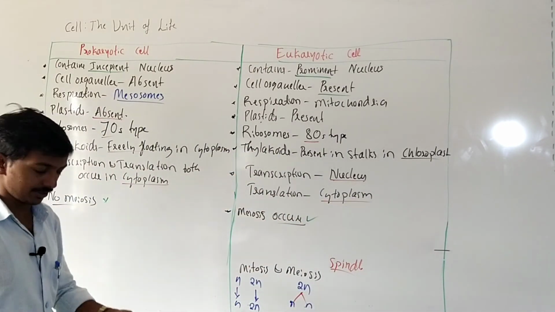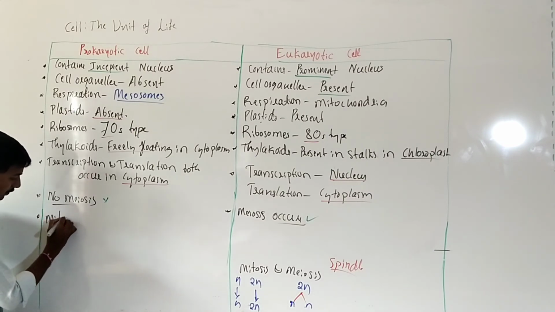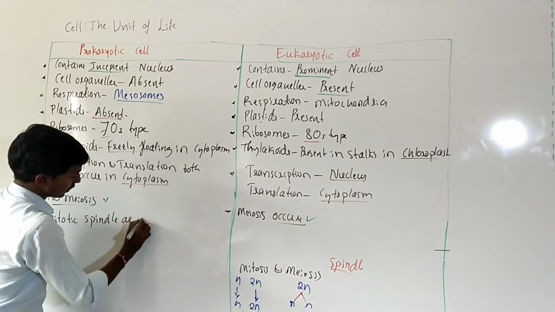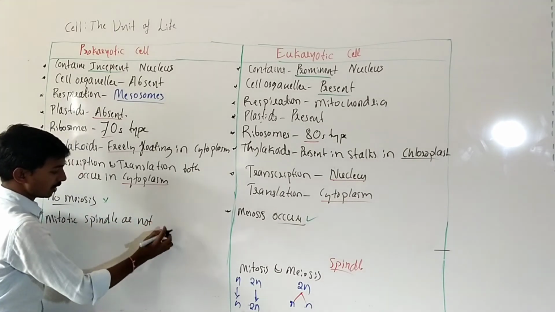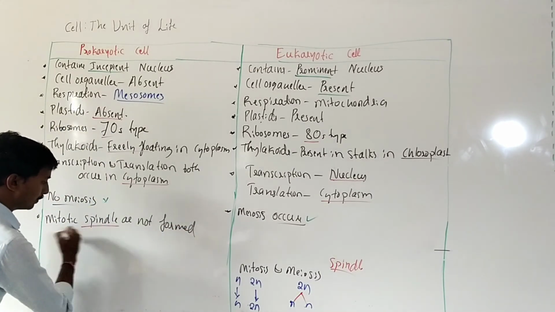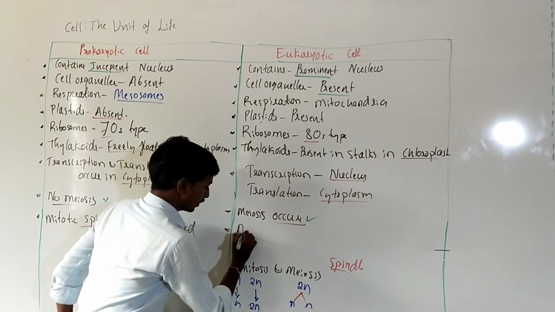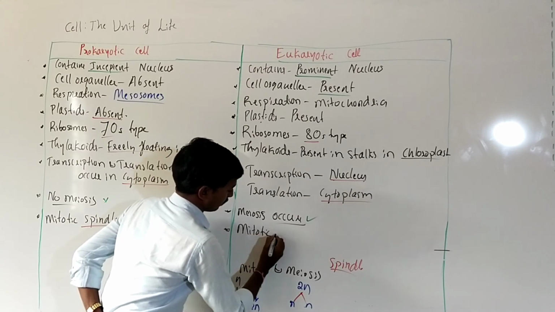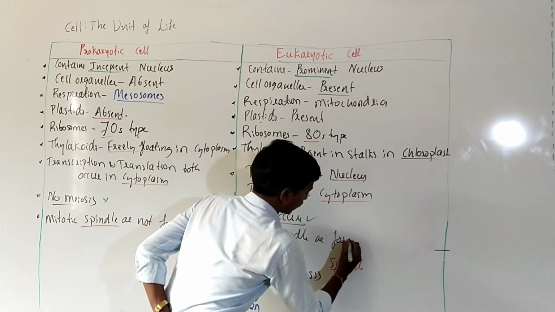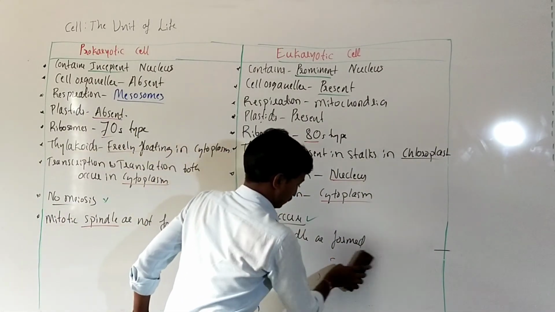We'll discuss this in cell division. Mitotic spindles are not formed in prokaryotes, but in eukaryotes they are formed.